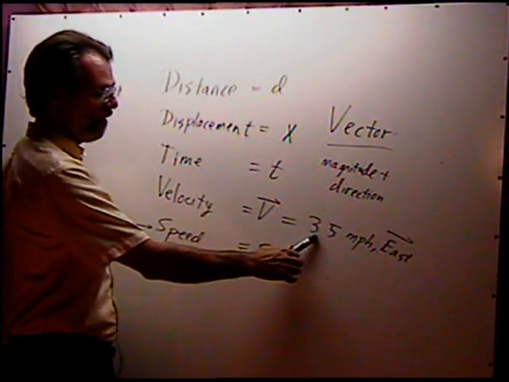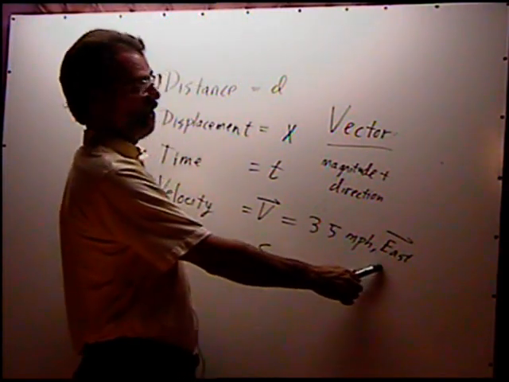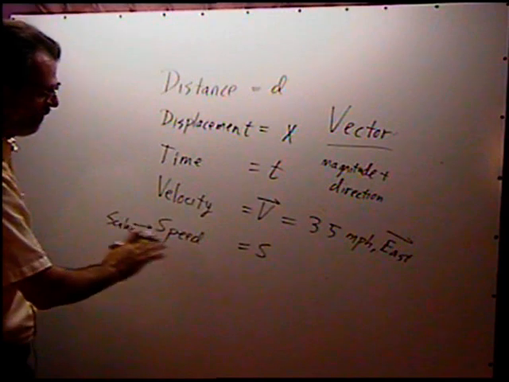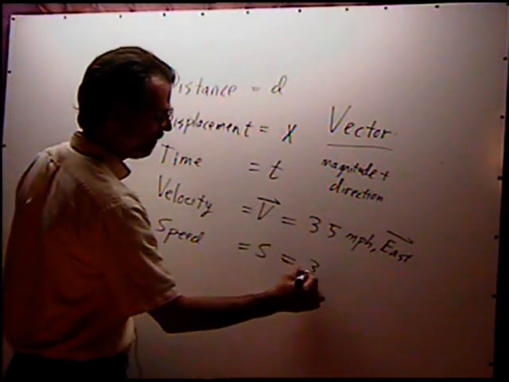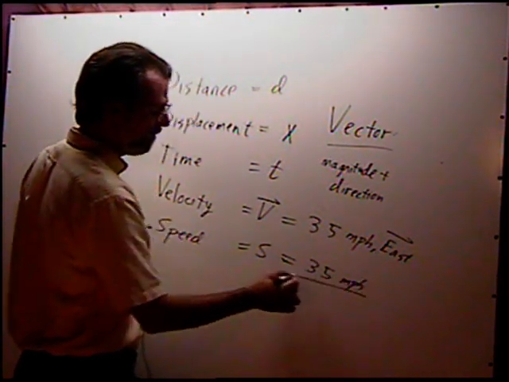So there's the magnitude of the vector, and that's the direction of the vector. We have to have both in order to quantify exactly what that vector is. The speed, we can say, is simply the magnitude. 35 miles per hour is a speed.